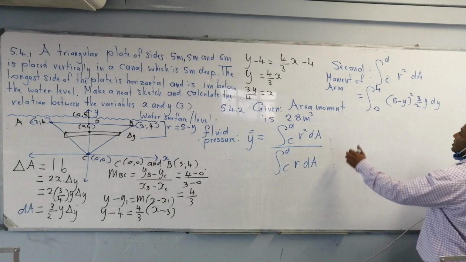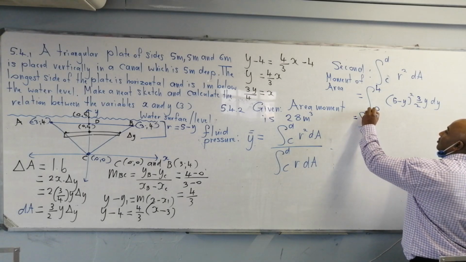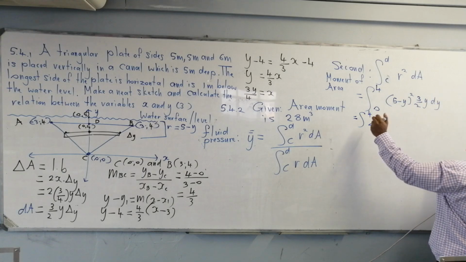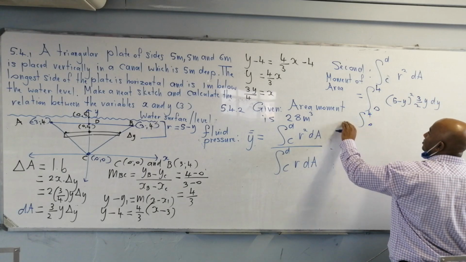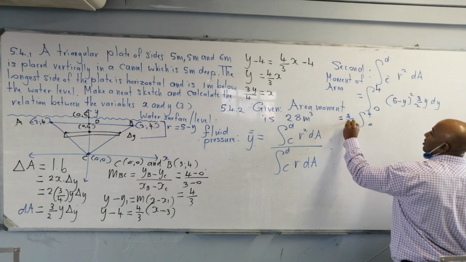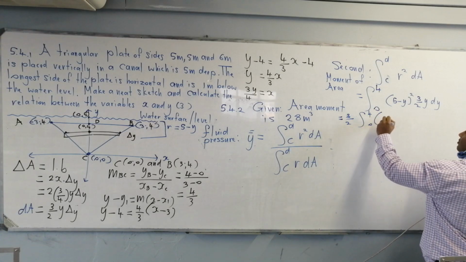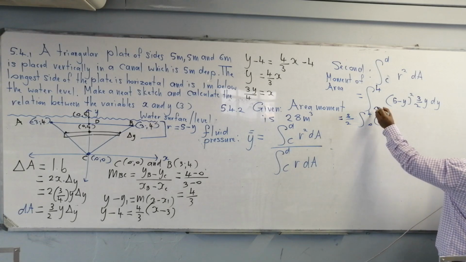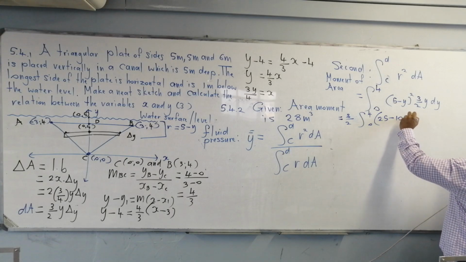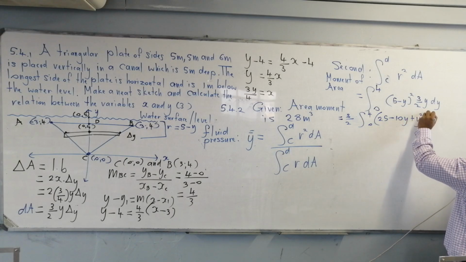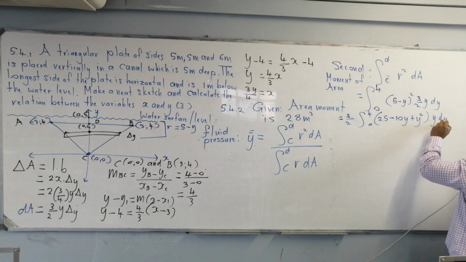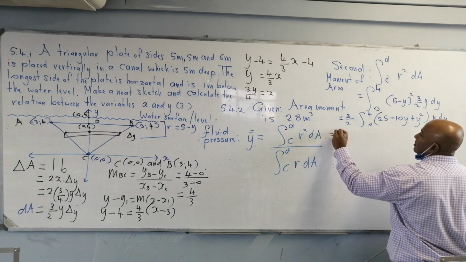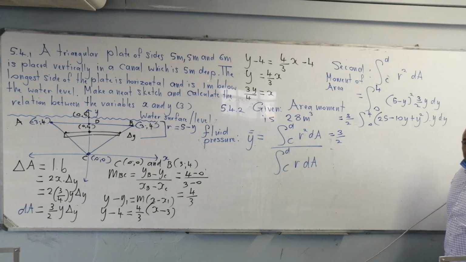Alright. So now this is going to be from 4 to 0. We're going to simplify this here. So that's my 3 over 2 times 25 minus 10y plus y squared, times y dy. So now the integration part is easy. All you have to do is remove the brackets there.